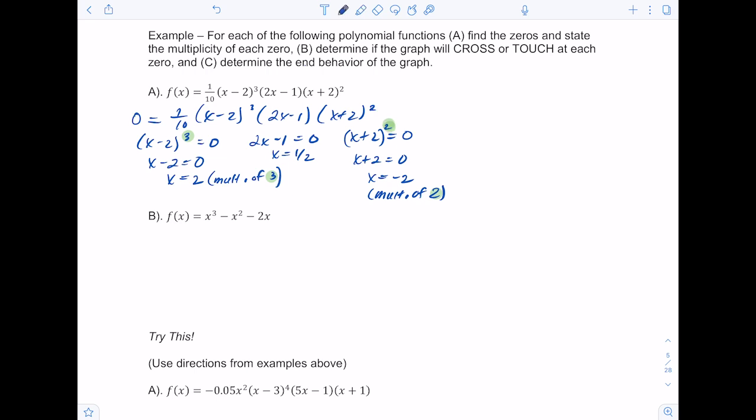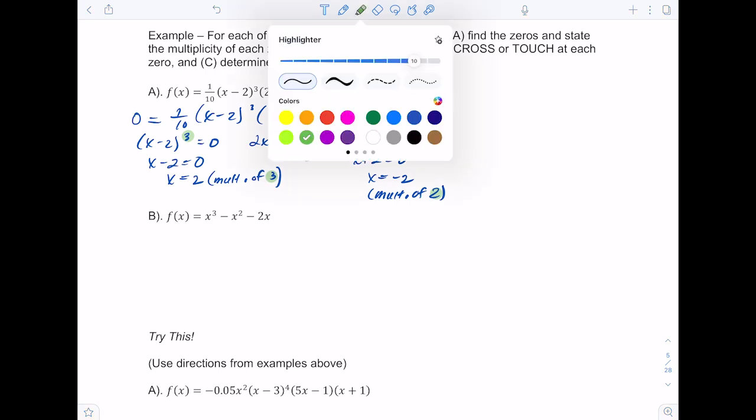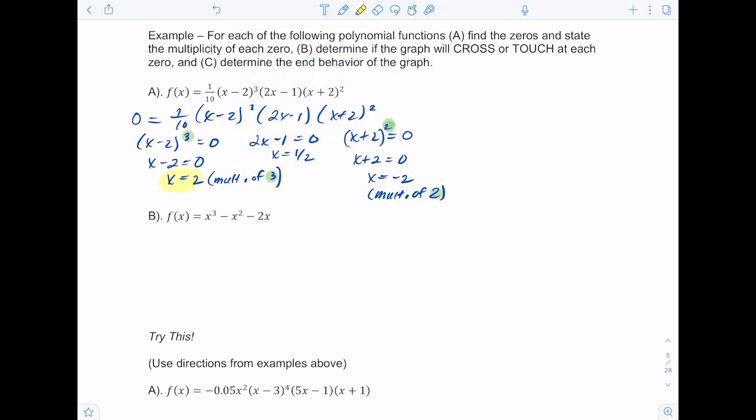Okay, so now the multiplicity also tells me whether the graph will cross or touch the x-axis at that point. So remember, if the multiplicity is odd, it's going to cross the x-axis at that point. So the two odd multiplicities would be this here, because 3 is odd, and this here, because it's got a multiplicity of 1, which is odd.